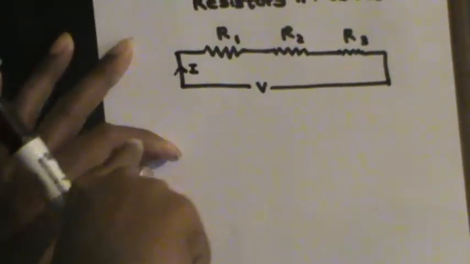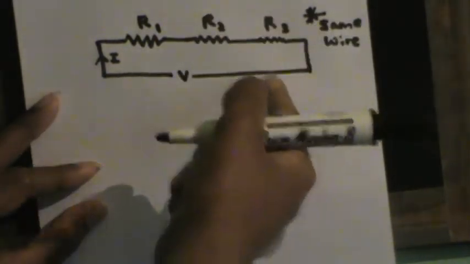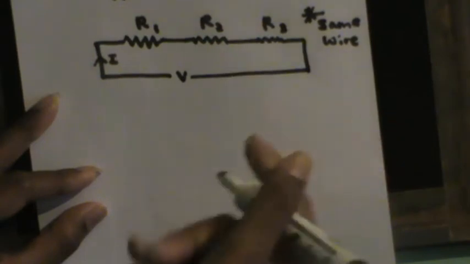Since this is the same wire, that is the important concept: same wire. The current through this circuit should be the same, regardless of whether there are 3 or 4 or 10,000 or n number of, even an infinite number of resistors.